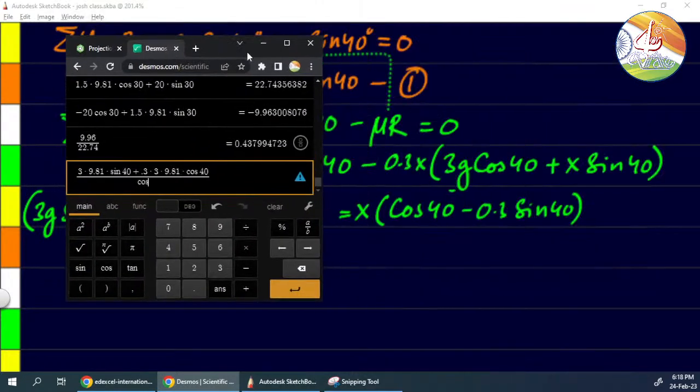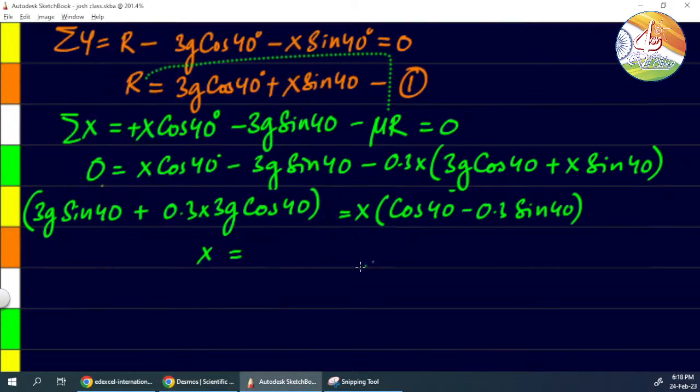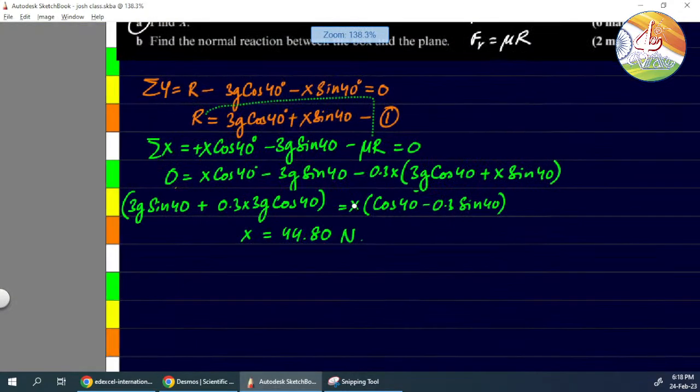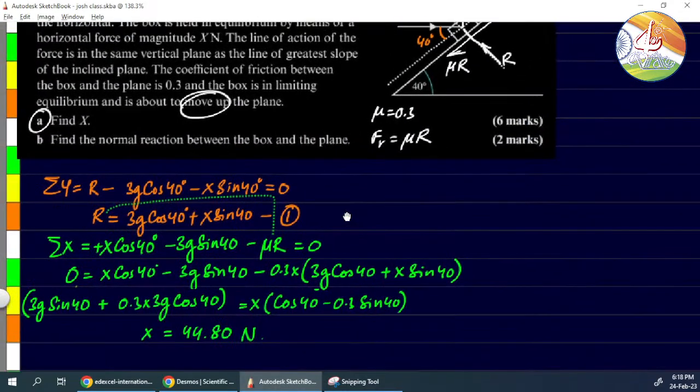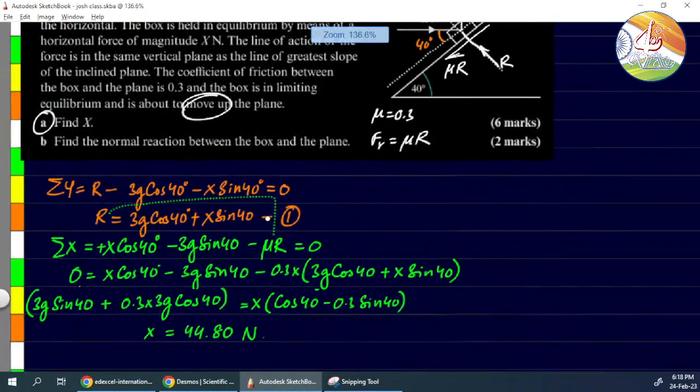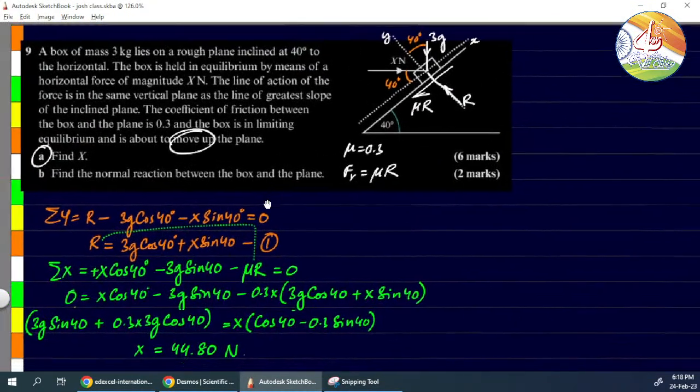So cos 40 minus 0.3 into sine 40. How much are we getting? 44.8. 44.8, this is in newtons. So this is the force required to start causing the motion on the right side, upper side.